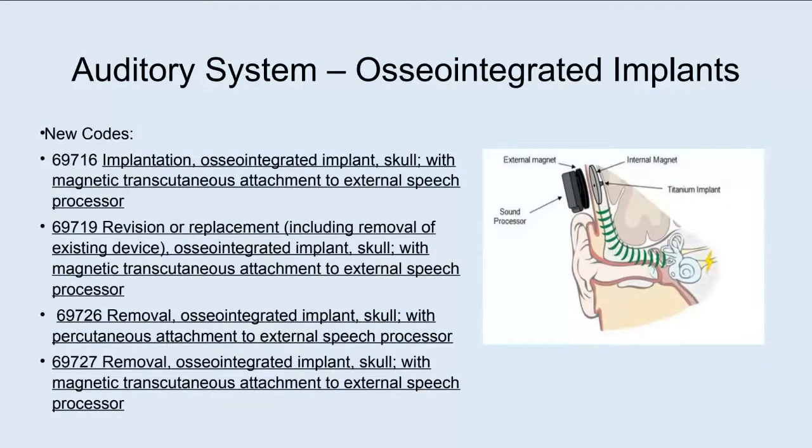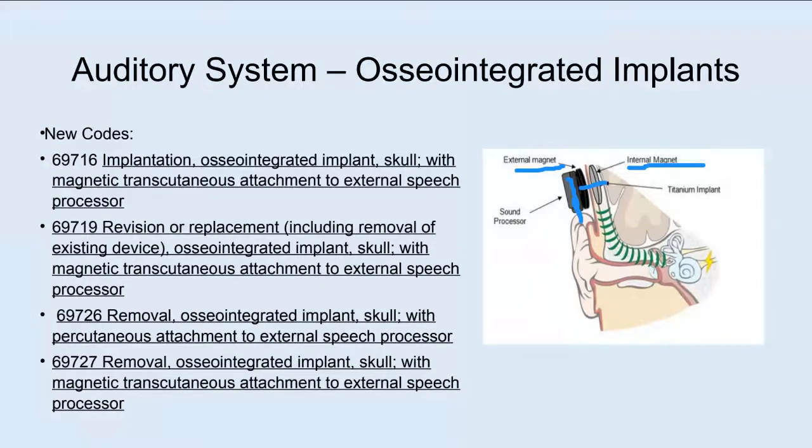But they've also added some new codes. This is not screwed in, but these use magnets to attach external speech processors. So here we have internal magnet, external magnet, and the sound processor.